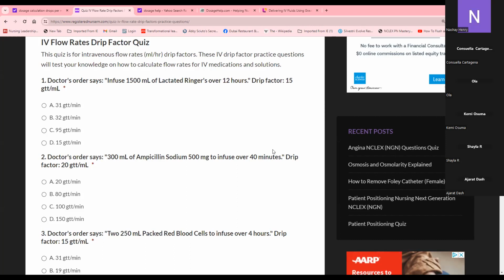So you should have 300 divided by 40 times 20, and it'll give you 150. Make sure you're taking the number that says mLs, because if you take milligrams, you're going to get the wrong answer. Okay, let's look at number 3.